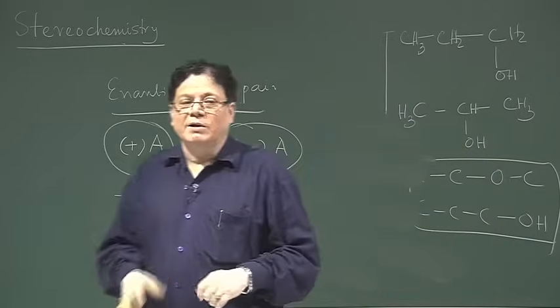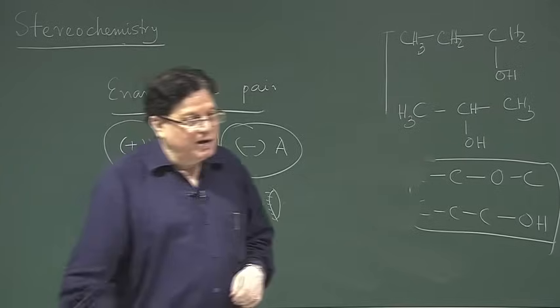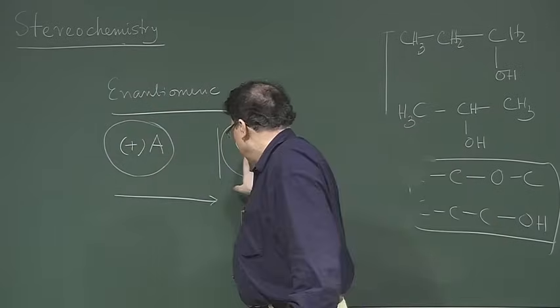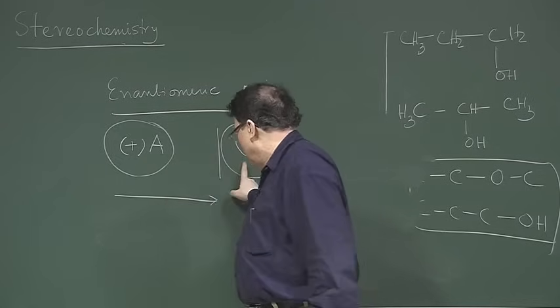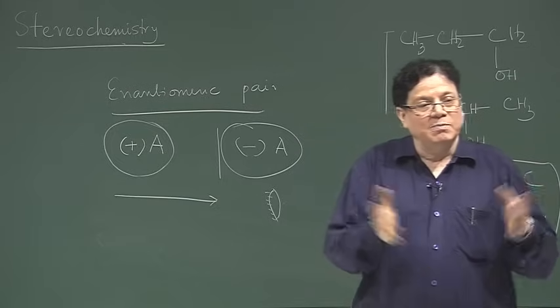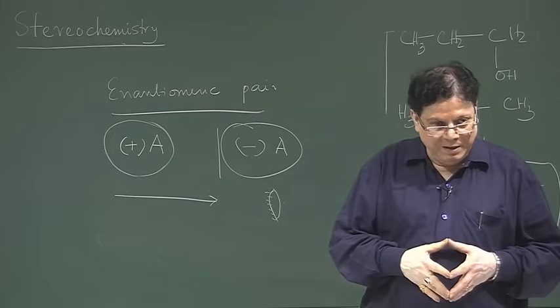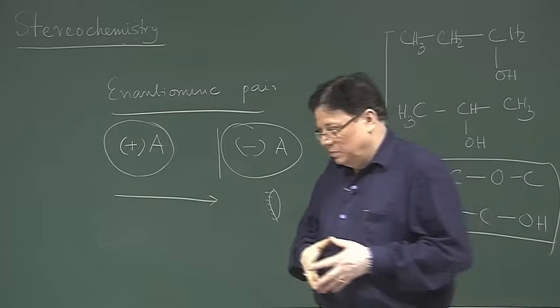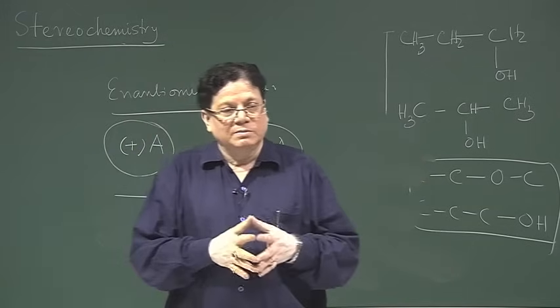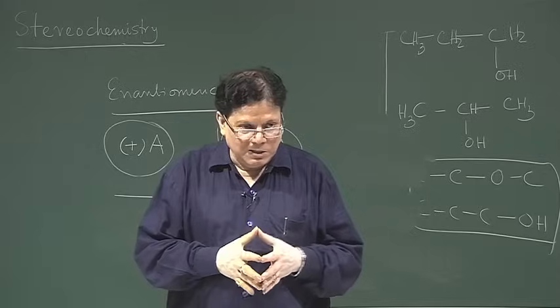Now comes the bigger issue: why do these molecules, which have non-superimposable mirror images, rotate the plane of plane polarized light? Okay. So, for the next half an hour, we will discuss the genesis of this optical activity.